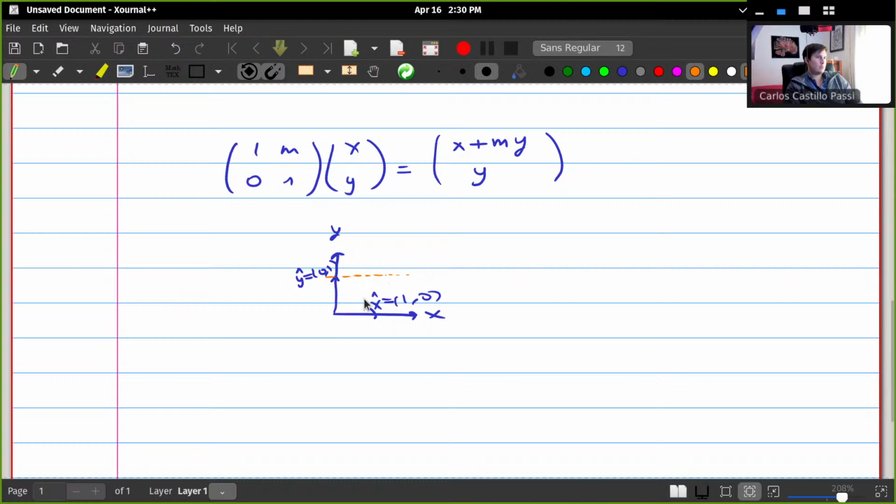The y will be the same, but it will be a little slanted like this. In this case, the solution would be m, y, y, like so. The same would happen to this vector, and so on. So that's why it goes like this.